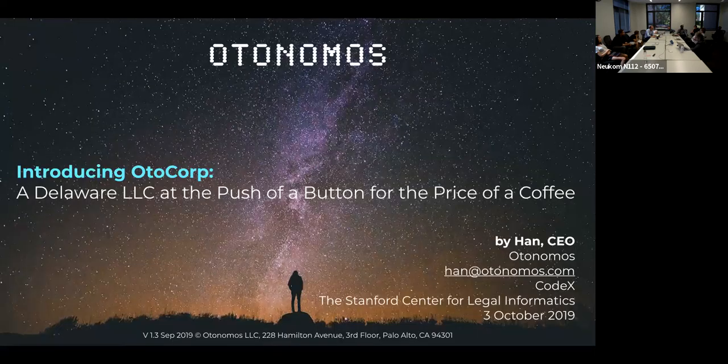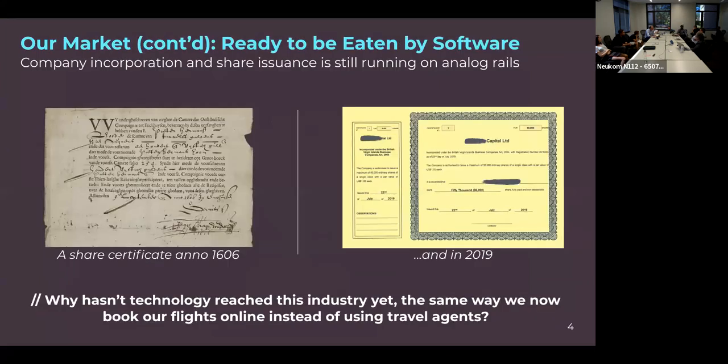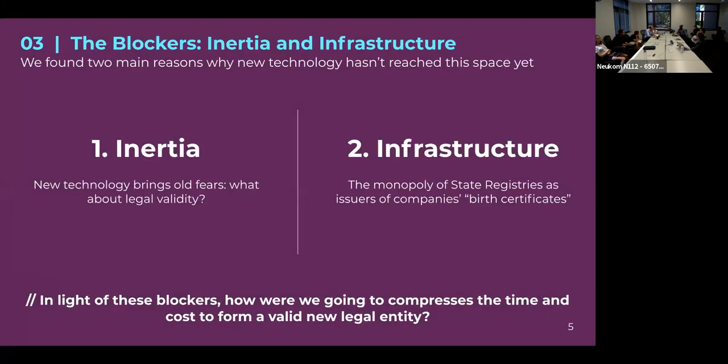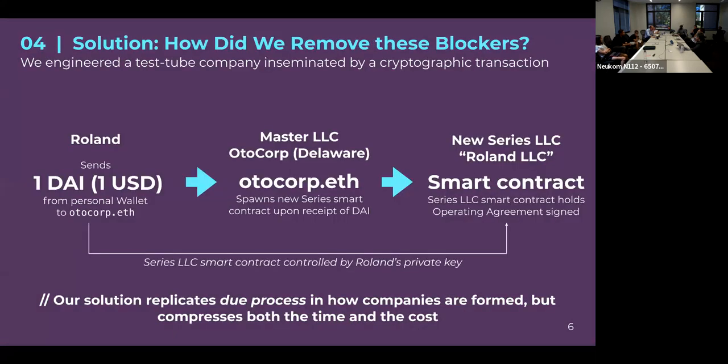Yeah. If I may just make one point, right? In this research on why this has not been done before, why do we still have the travel agents that issue our airline ticket when we incorporate a company? One thing that we found out is actually technology in this space can only ever replicate due process.